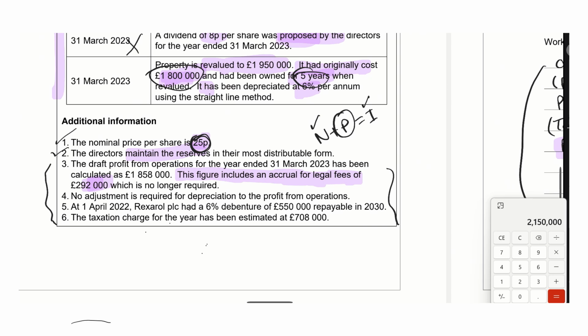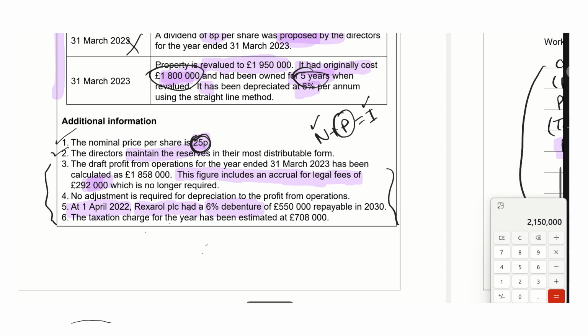Okay, so let's work our way down this list, see if we can find the next figure. Now, it says no adjustment is required for depreciation. So they've already accounted for depreciation this year. So we don't need to recalculate the depreciation for this year. Adjustment number 5, it says at the start of the year, Rexerol PLC had a 6% debenture. So when it says 6% debenture, the 6% refers to the interest. Okay.